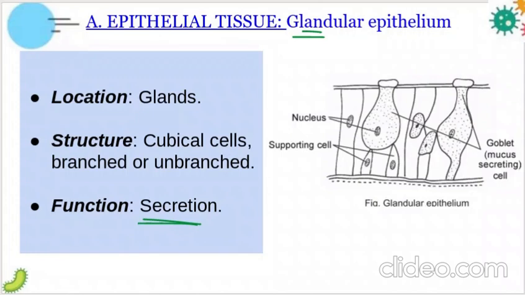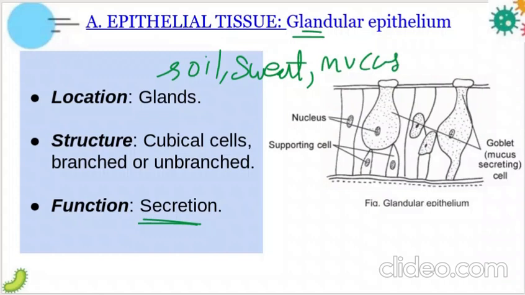Location: it's present in all the glands, like oil glands, sweat glands, endocrine glands, mucus glands, or digestive glands. There is a supporting cell, the nucleus is present, and there are goblets which secrete mucus.